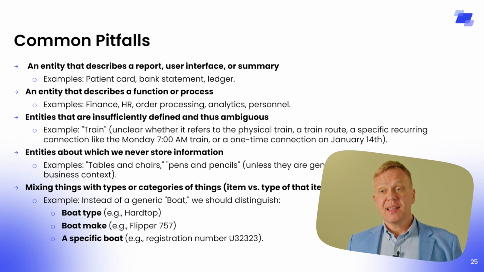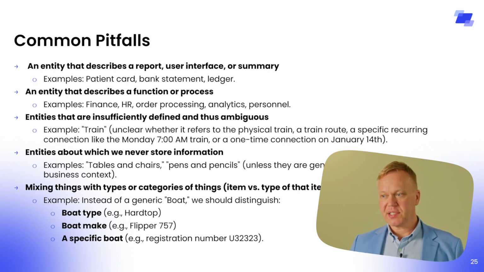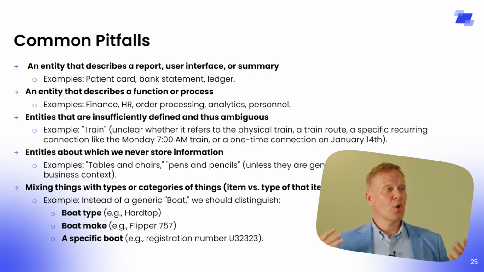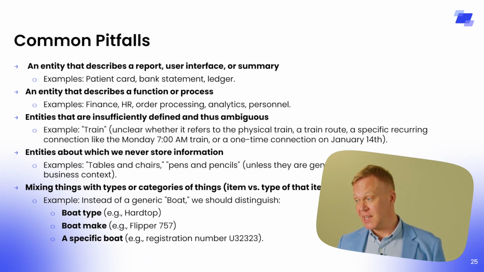Does it mean that there is a connection between Amsterdam and Paris, that there exists such a connection, or does it mean that there is a connection at 7 a.m., or 7 a.m. on Monday mornings, or 7 a.m. Monday morning, the 14th of January 2025, or something? So what exactly do we mean by this entity?